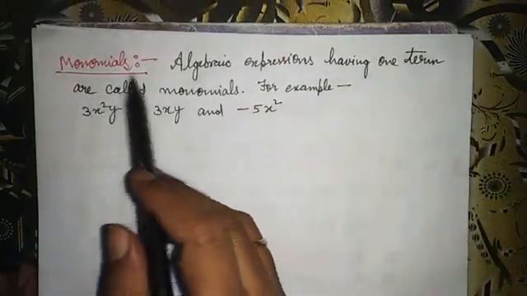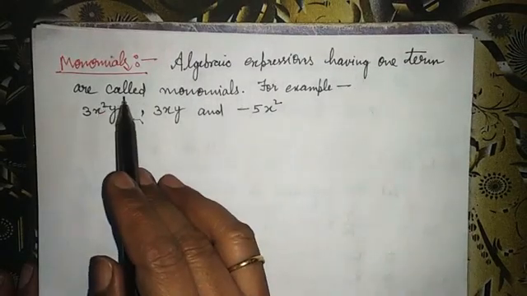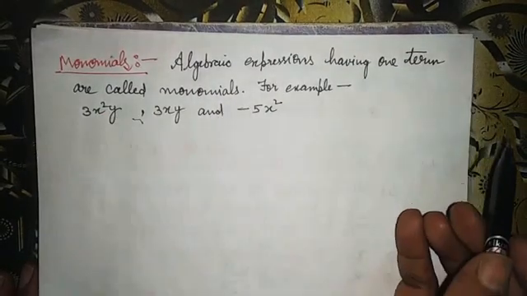So what are monomials? Algebraic expressions having one term are called monomials.